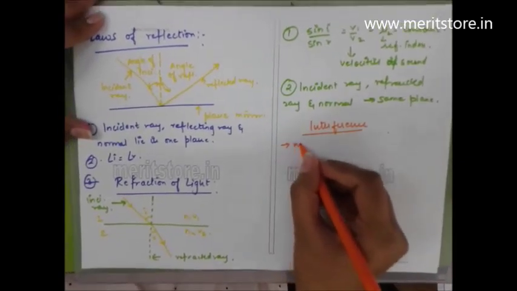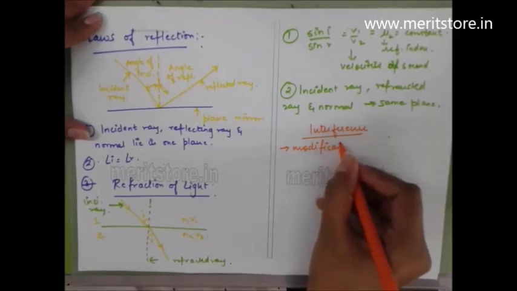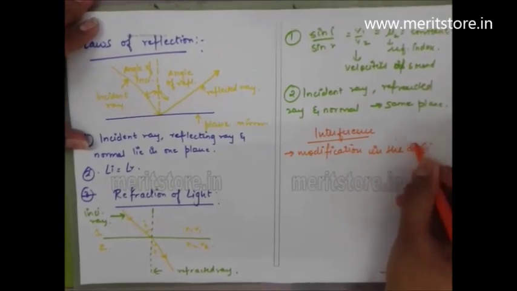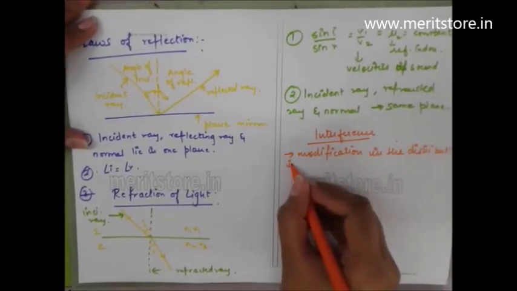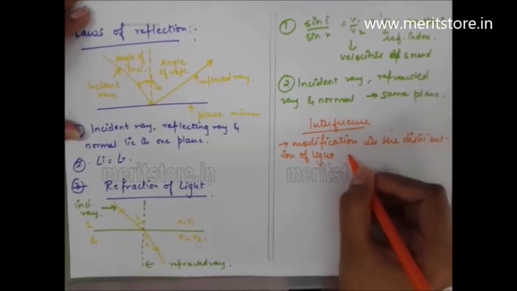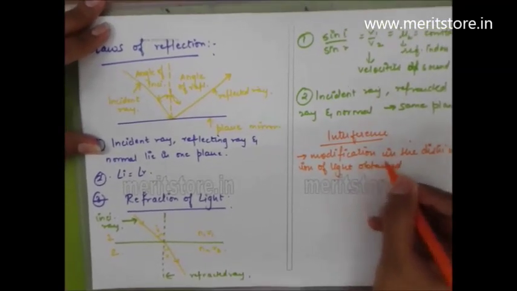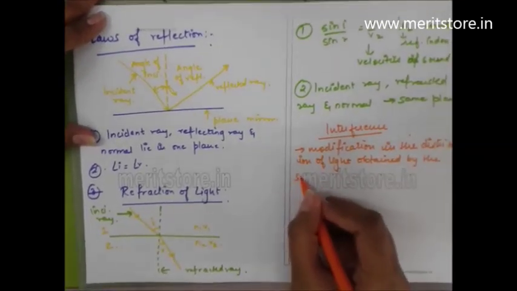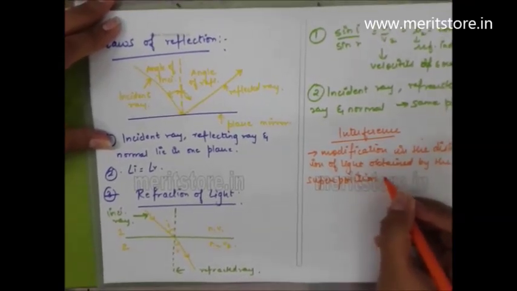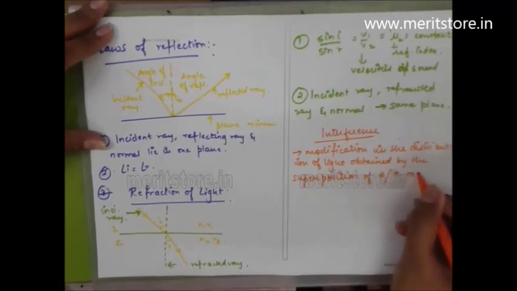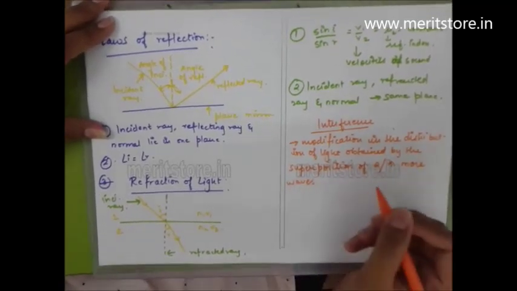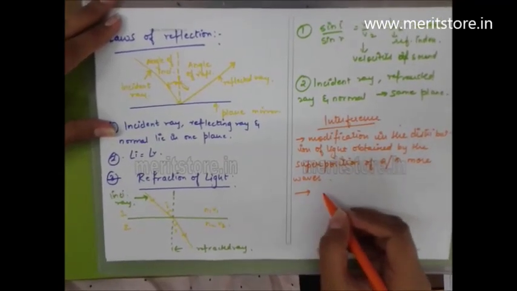Interference is the modification in the distribution of light obtained by the superposition of two or more waves. What is the principle of superposition?